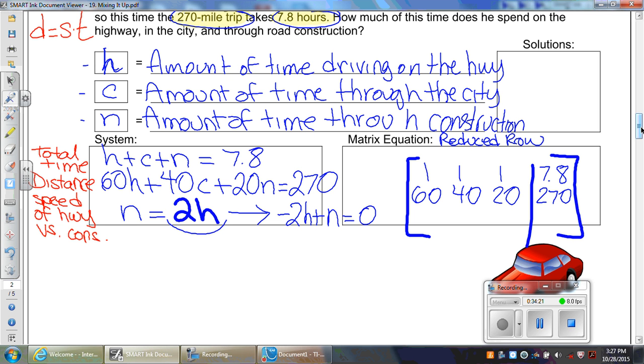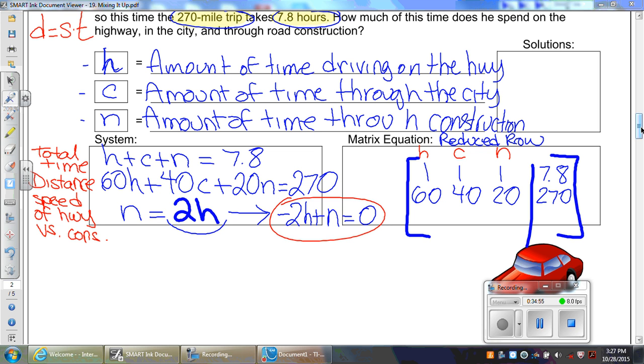Okay, what about the third row? And I want to point something out. We need to keep a certain order. So the first column represents the coefficients of H. The second column represents the coefficients of C, driving through the city. And the third column represents driving through construction, letter N. So if we look at our third equation, that one does not have C. So what will be the coefficient for H?